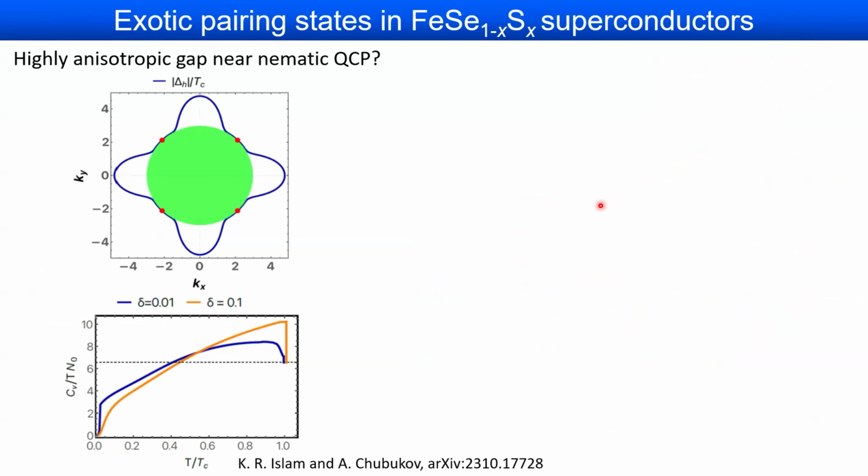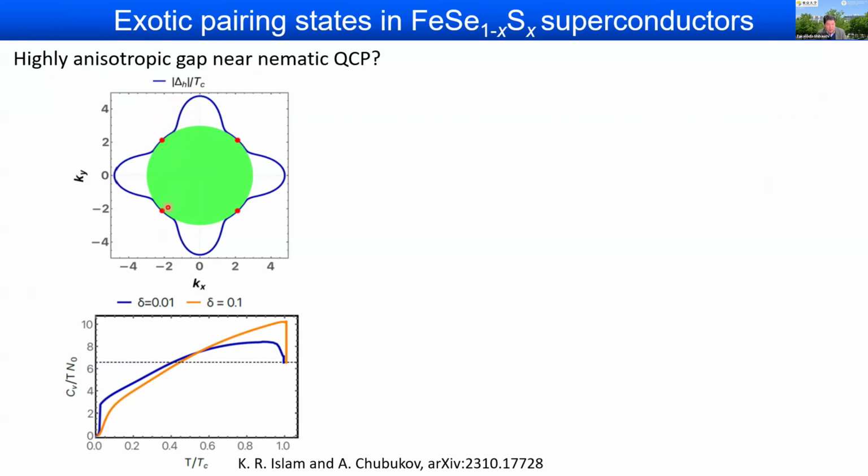Okay, so far so good. But very recently, the theoretical analysis by Andrey Chubukov shows another possibility. They assume that you are very close to the nematic QCP and calculate the gap anisotropy, and they found you may find a highly anisotropic superconducting gap like this.